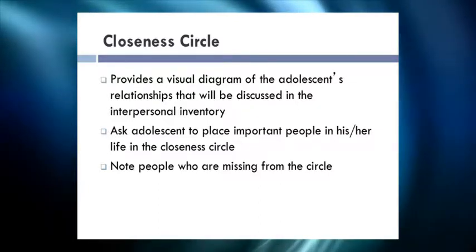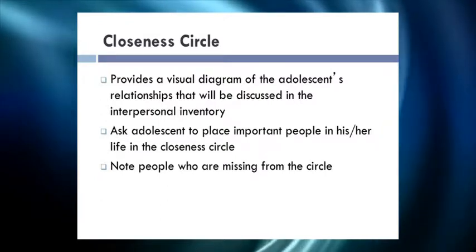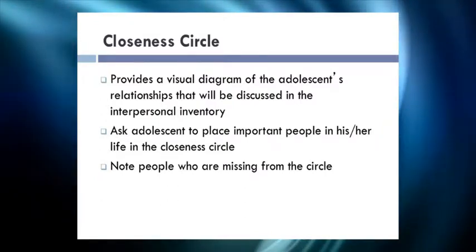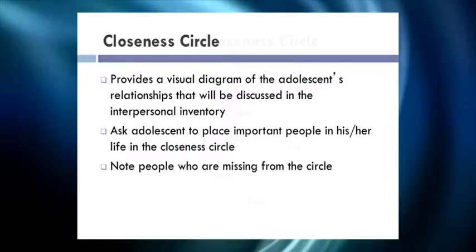It breaks the ice and gives you a sense of how many relationships you're going to want to talk about, and a little bit of a sense of what the temperature is of those relationships. We ask the adolescent to place the important people in his or her life on the closeness circle. We want to pay attention to where they're placed, and also to people that you may know from the intake that may be missing from the circle.